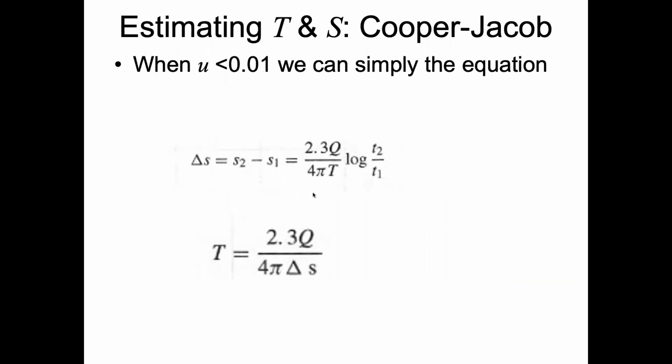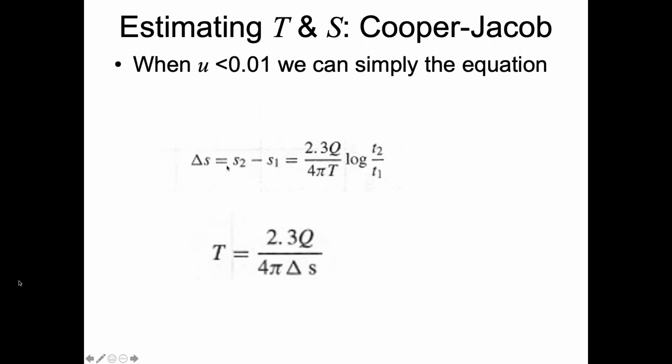Now, when U is really small, we can simplify the equation in these two ways. We can say that the change in the drawdown, or S2 minus S1, is equal to 2.3 times Q divided by 4 pi T, times the log of time 2 over time 1.